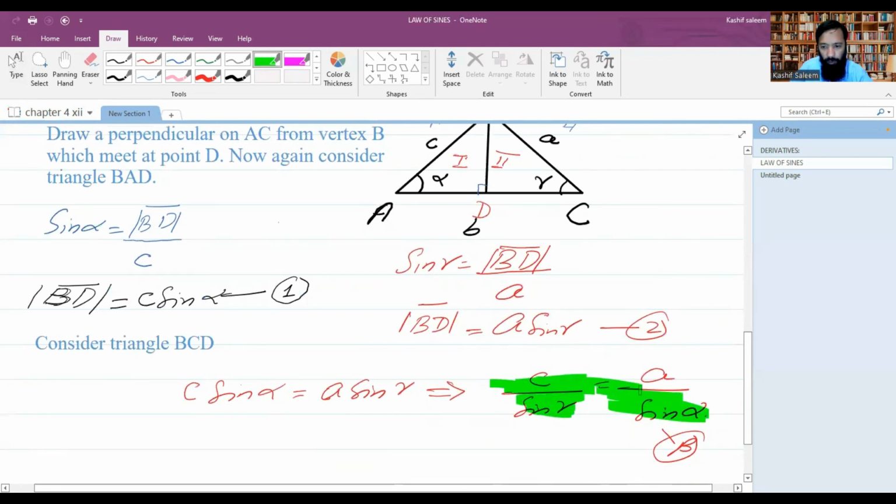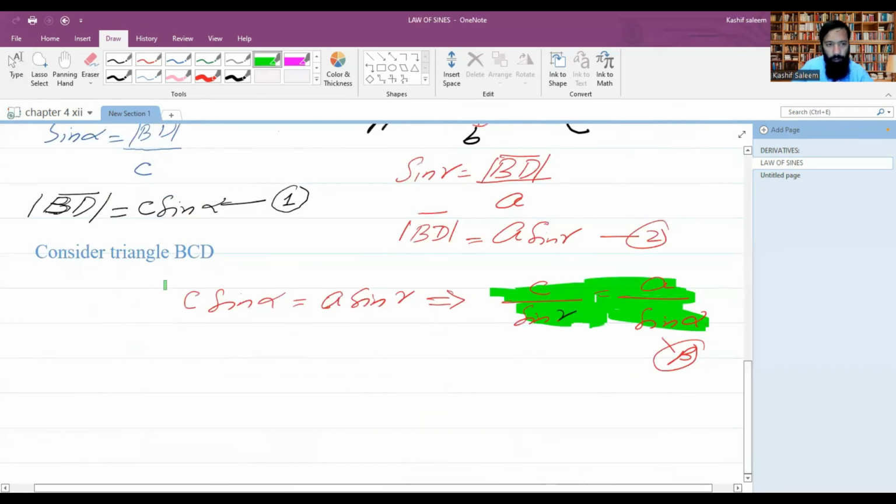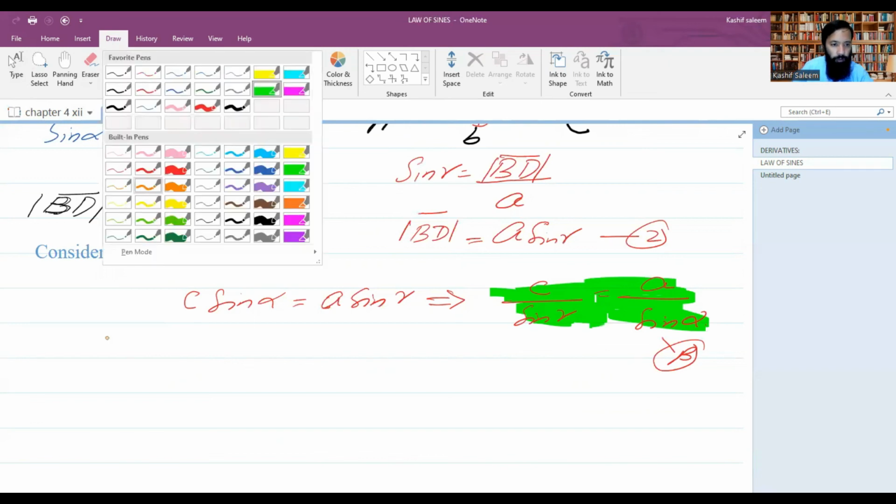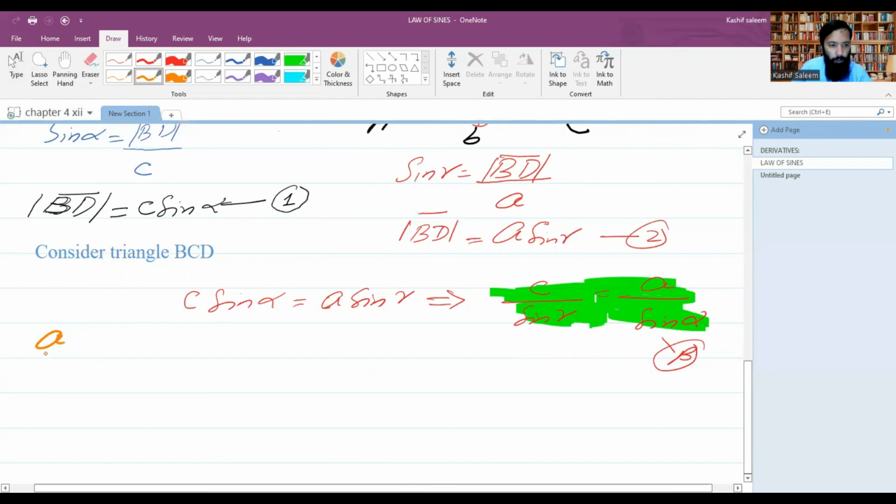So both of them are equal, and we have our required result: a upon sine alpha, b upon sine beta, and c upon sine gamma. This is known as the sine law.